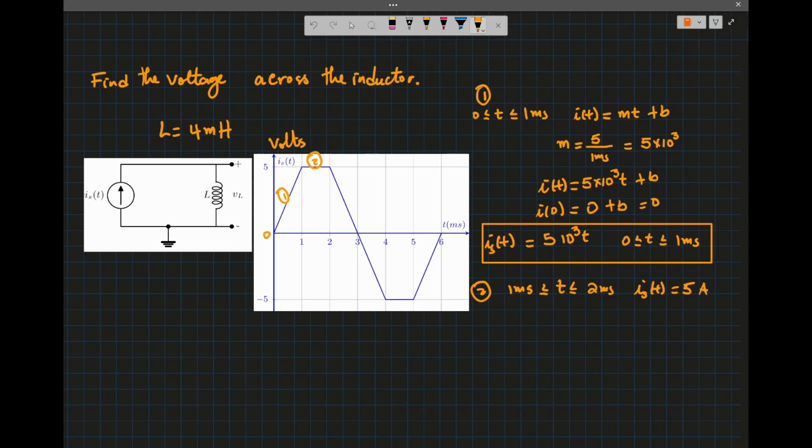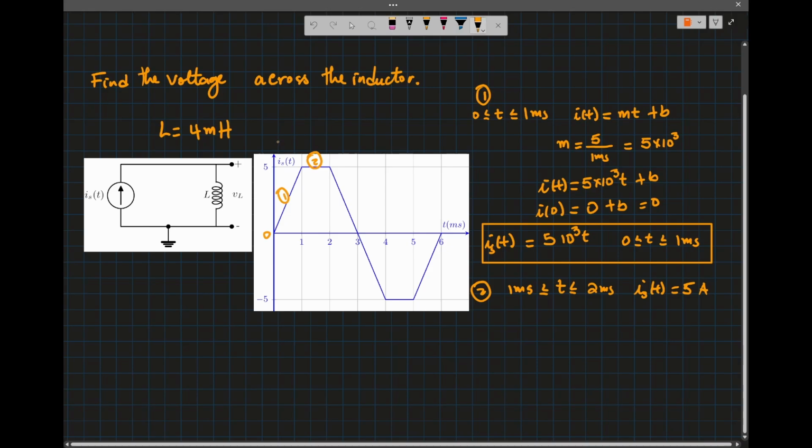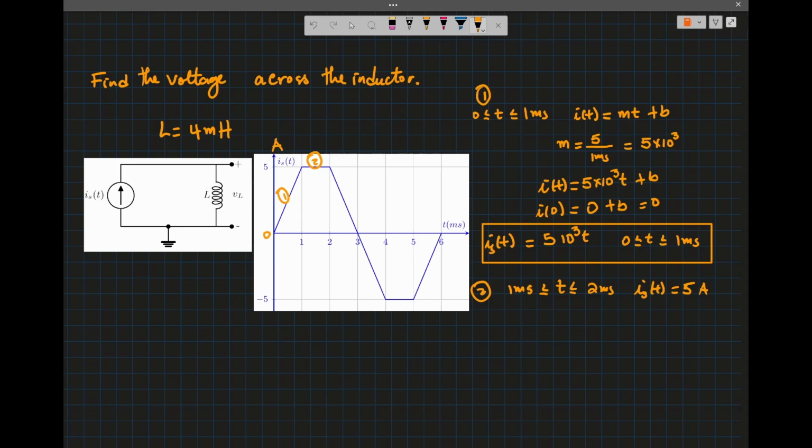Oh, I'm sorry, the unit is amps. So the current through the inductor when t is between 1 and 2 milliseconds equals 5 amps.